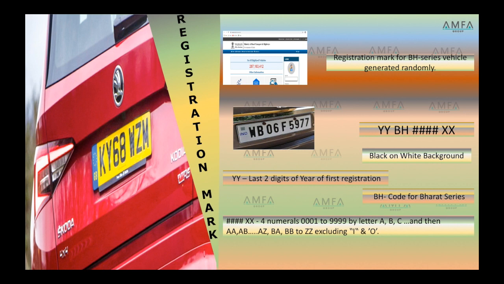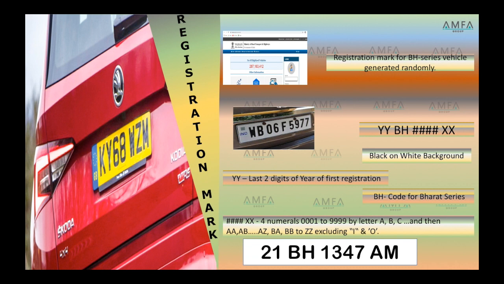It can be A up to Z. The 2 letters I and O will be excluded because they resemble 1 and 0. An example, for a 2021 registration vehicle, the format will be like this.